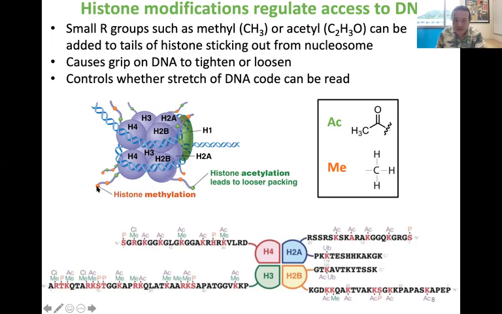This cartoon shows certain amino acids might be methylated, in other words, your cell has the ability to add methyl groups to them, or acetylated. As a reminder, a methyl group looks like this, an acetyl group looks like this.